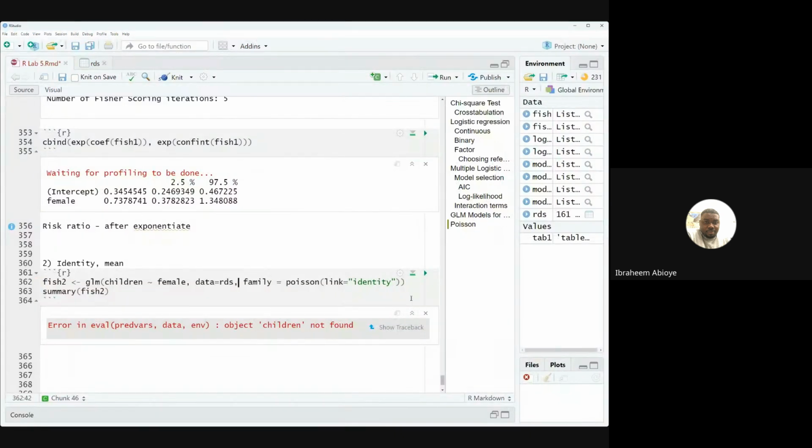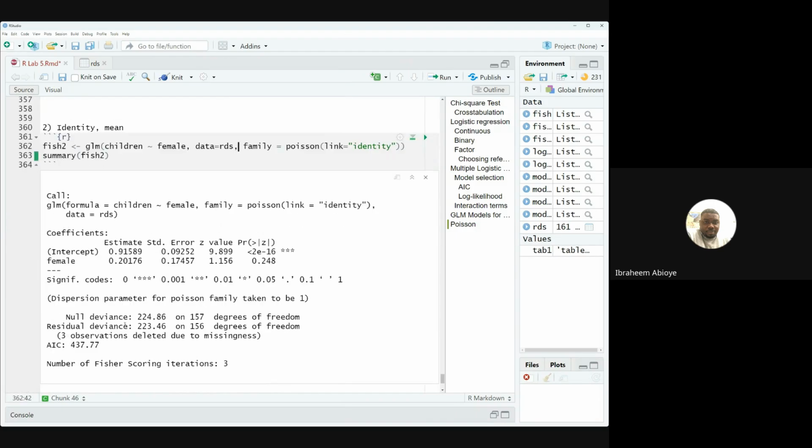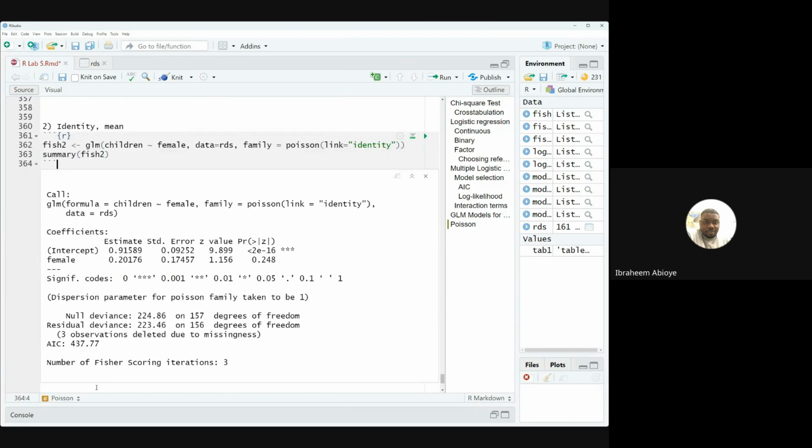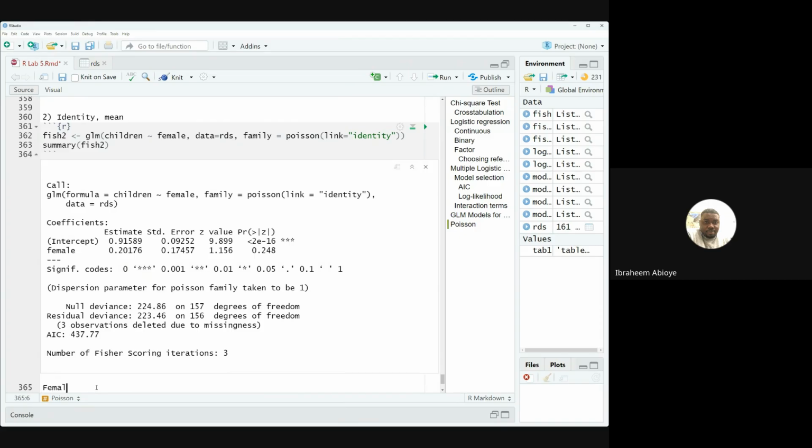What we're saying is that the mean, female resident doctors have 0.20 more children on average than male resident doctors.